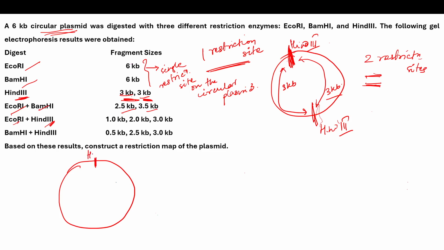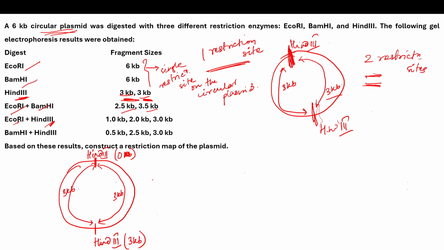Suppose this is the HindIII site, at zero in general, and it cuts at another site because it has two restriction sites. It is cutting at 3 kb. So this is 3 kb and this is 3 kb as well.